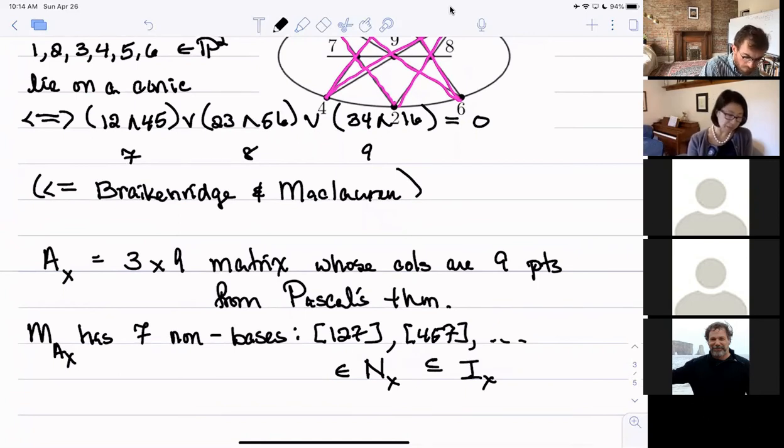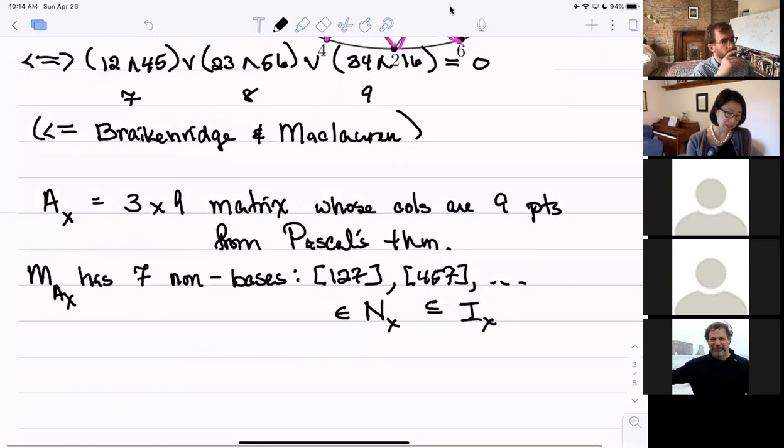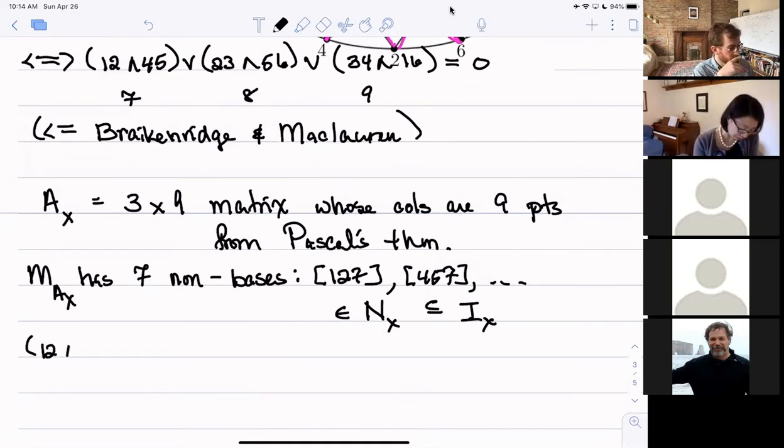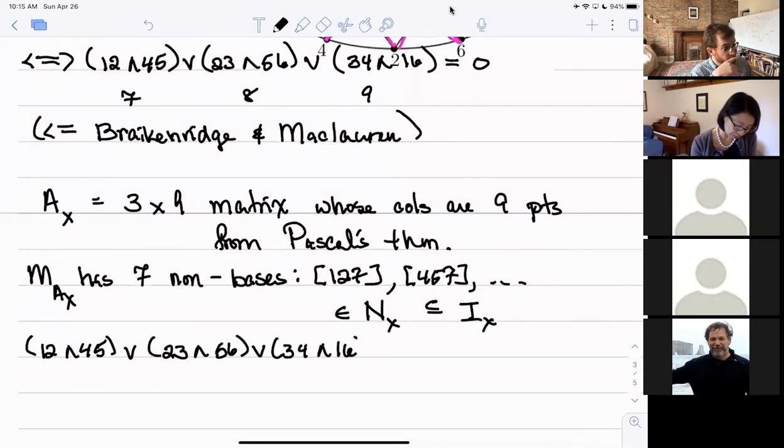But we can use the reinterpretation of Pascal's theorem in terms of the Grassmann-Cayley algebra to get more equations. So if I have 1, 2 meet 4, 5, joined with 2, 3 meet 5, 6, joined with 3, 4 meet 1, 6, I can expand this out. So what does this look like?